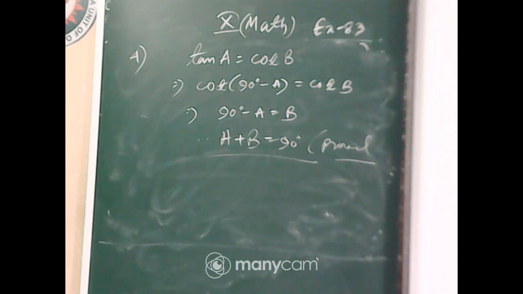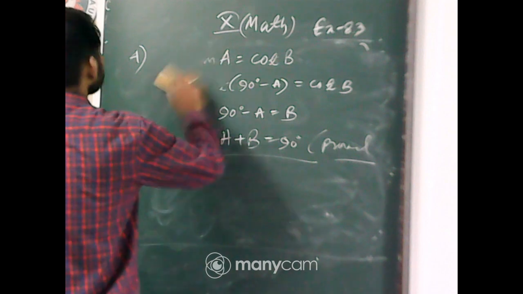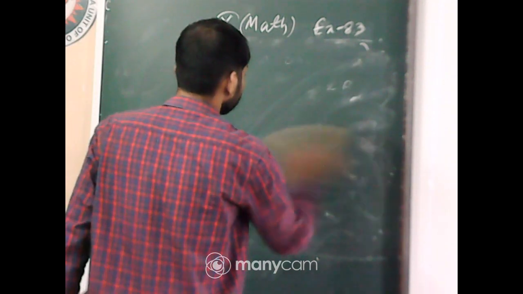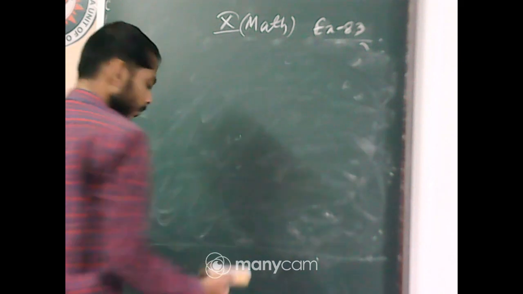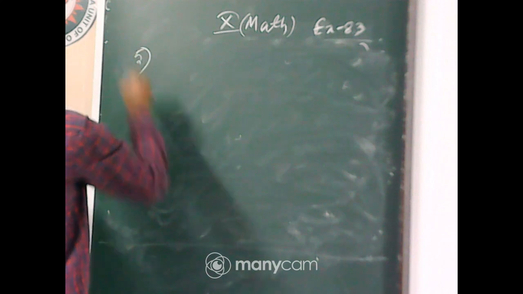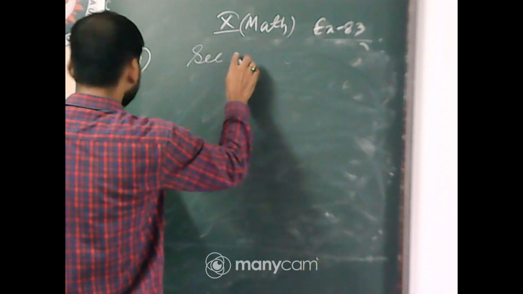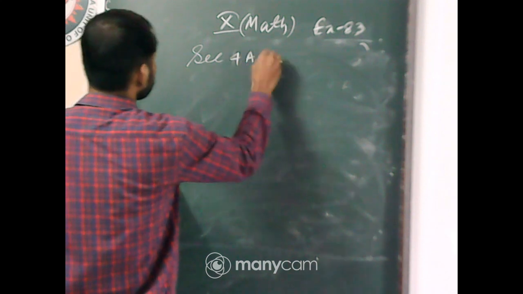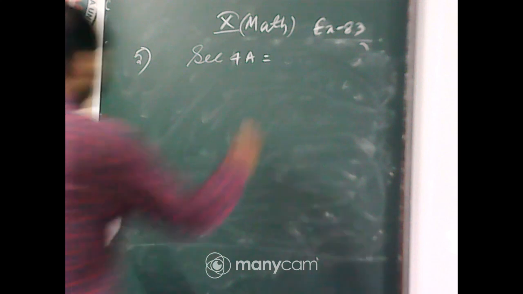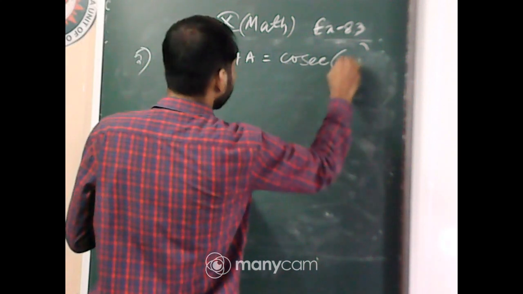Okay, so move on to question number 5. That is sec 4A equals cosec (A minus 20 degree).